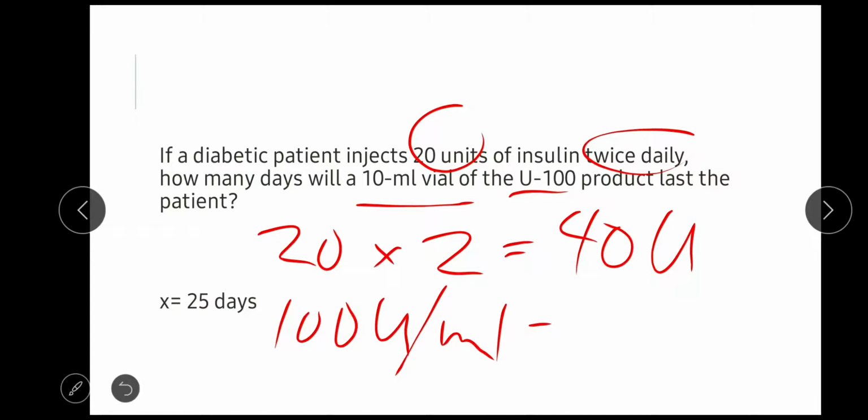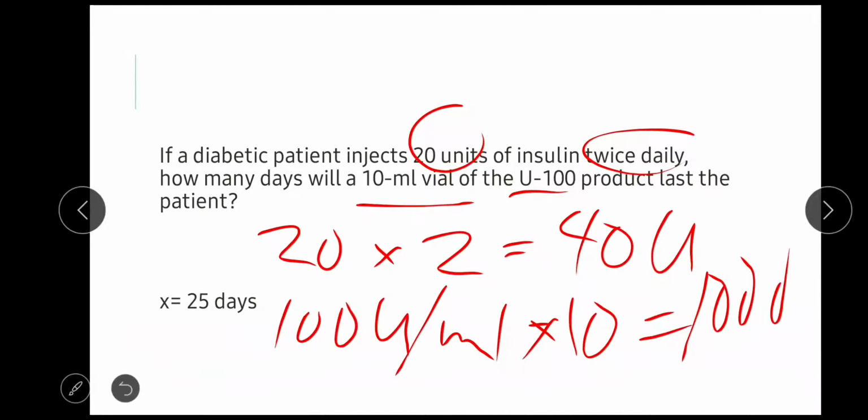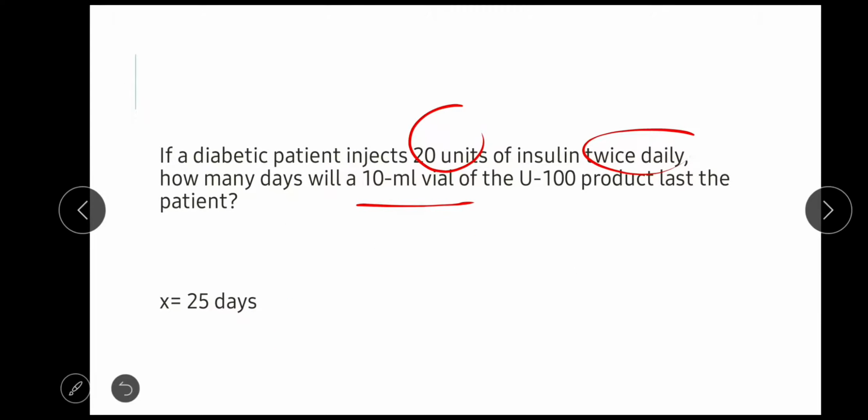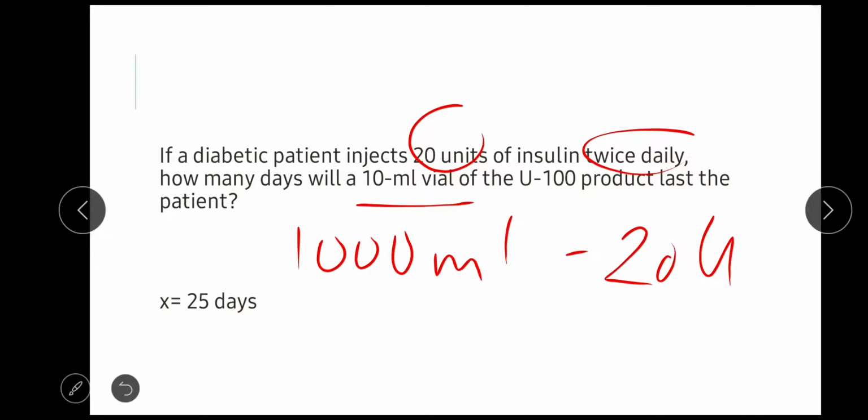It's 10 ml, so we multiply that by 10, which is equal to 1,000 units. Now we have 1,000 units and 40 units a day, since he uses it 2 times a day.